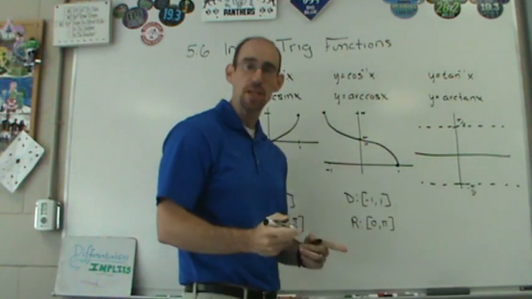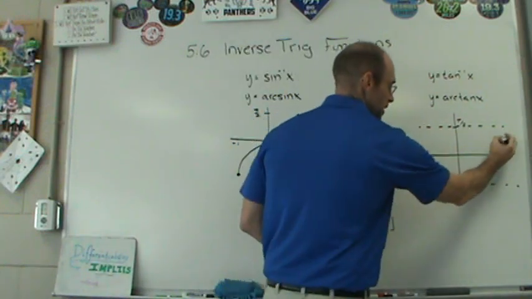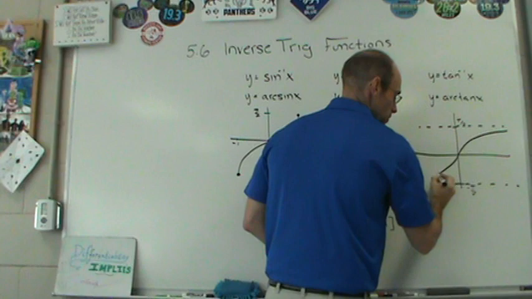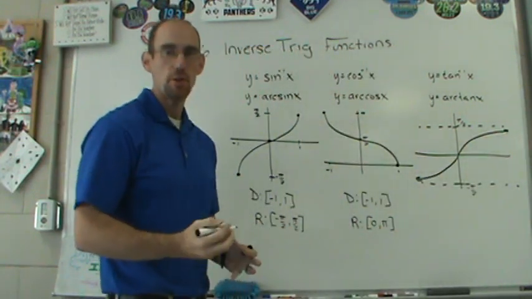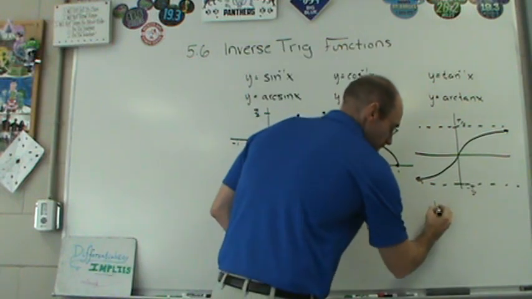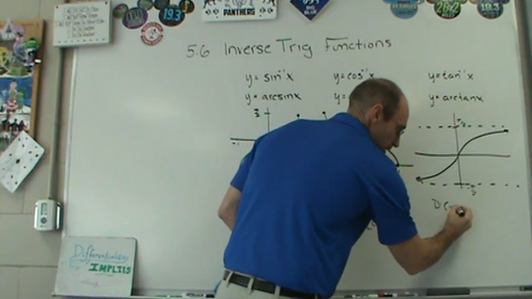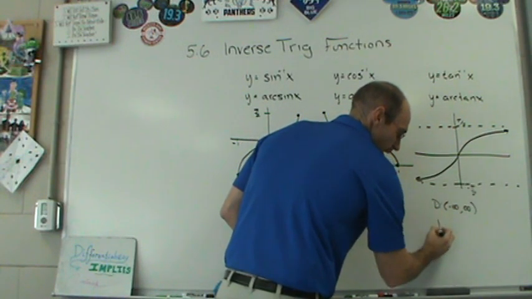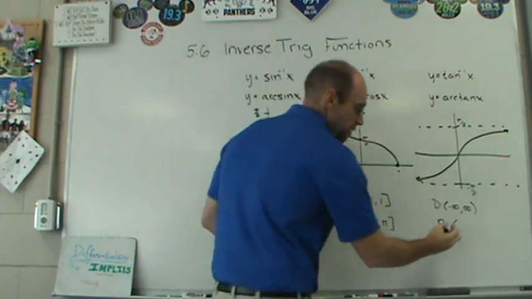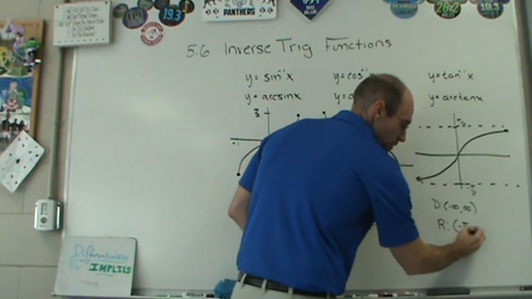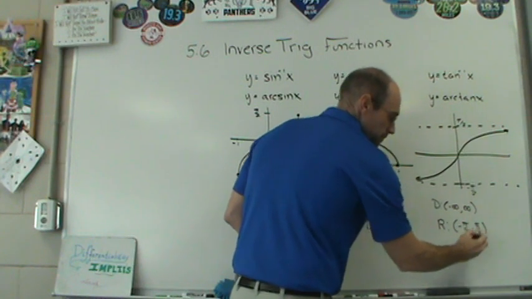And instead of a cubic, it would look like a cube root graph. So it's going to come through (0, 0), just like that. And so for our domain for this one, it's going to be negative infinity to infinity. And our range is from negative pi over 2 to pi over 2, with parentheses.